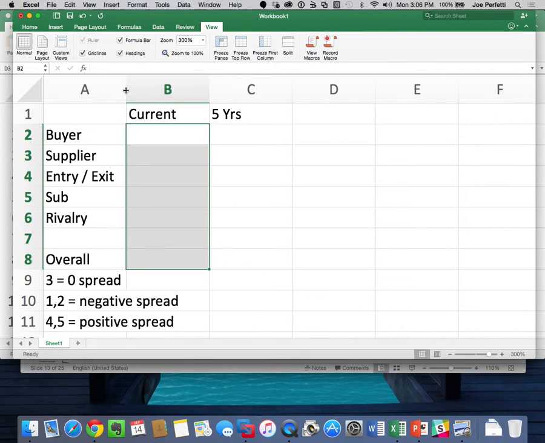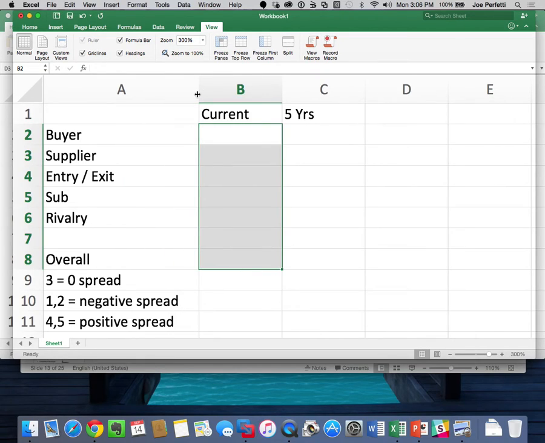So here are the 5 forces. I'm going to want us to use buyer power, supplier power, barriers to entry and exit, substitutes, rivalry, and the overall. The overall is an observation based on the current data.